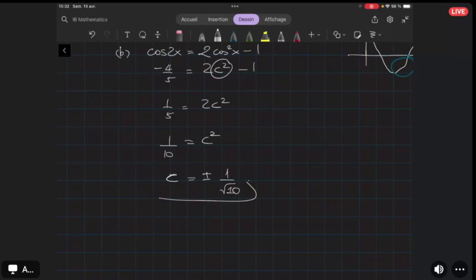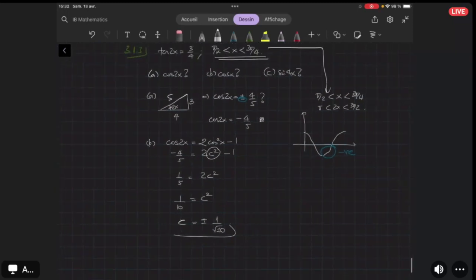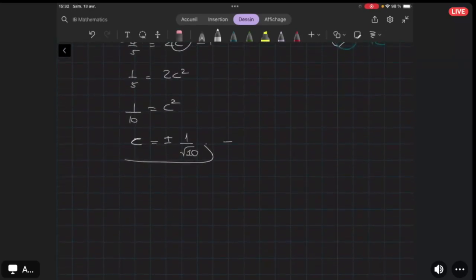So cos is plus or minus 1 over root 10. Is it plus or minus? Why is it minus? Second quadrant.